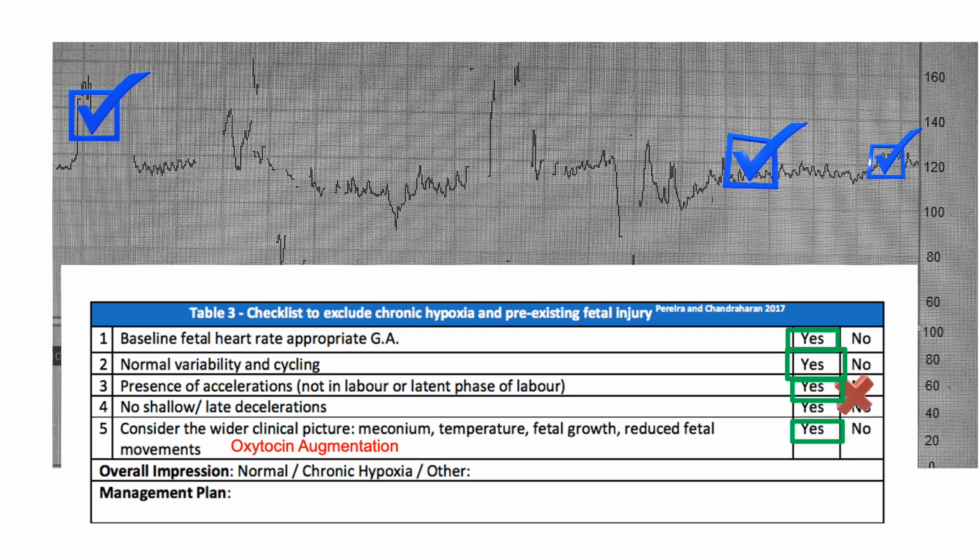And in terms of risk factors, as this labor was progressing slowly, the team was about to start oxytocin augmentation, which is a risk factor. So overall, at this moment, the baby is in a well oxygenated state, so its overall impression is normal. And then in terms of management plan, please remember every labor is different, so we cannot use one guideline in all labors.